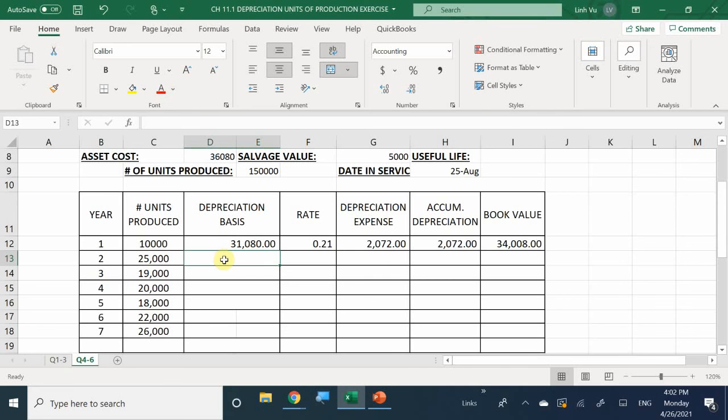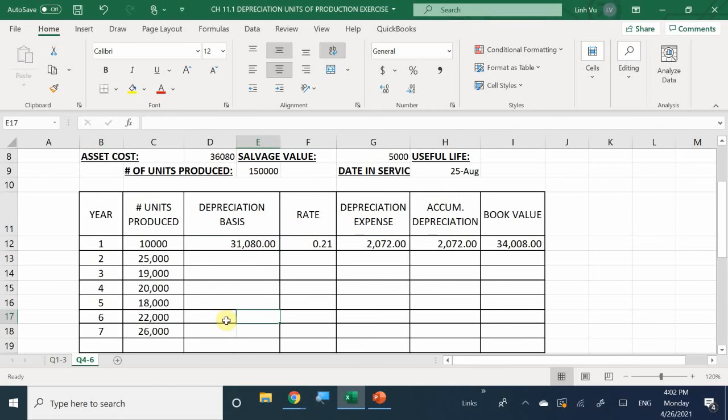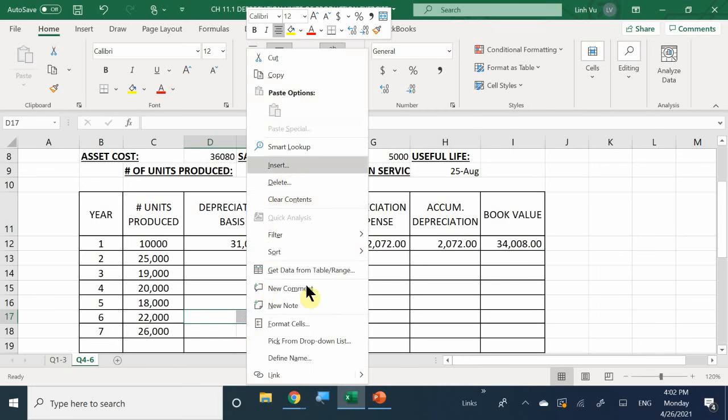Good. You recognize that it's going to be the same thing all the years. In this case, I put absolute cell references on them. So yes, that means for all 7 years that this truck goes into play, it should be the same. Okay, I see where it is. I have a split thing right here.